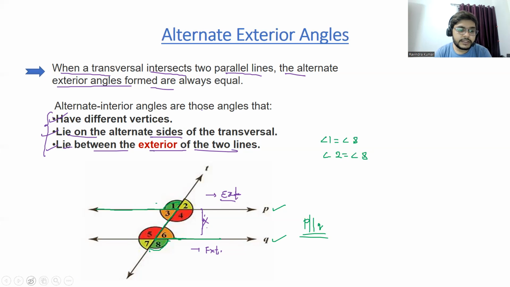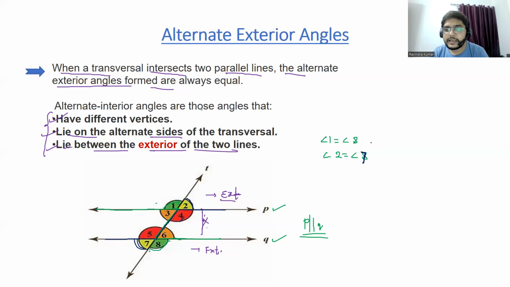And when we try to form the Z in the second direction, it will be like this. So from the exterior side, angle 2 is equal to angle 7. So angle 2 is equal to 7, not 8.